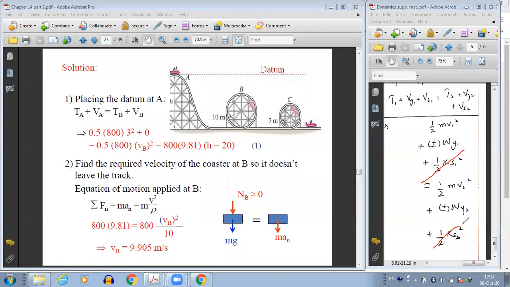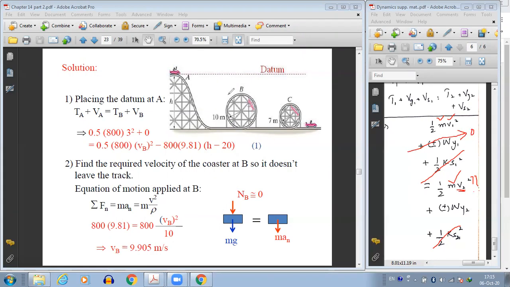At point A, we know the kinetic energy because we know the velocity and we know the mass. So we need to find the velocity at point B. This we don't know. Now at A, since we took our datum at A, gravity potential at A will be 0.